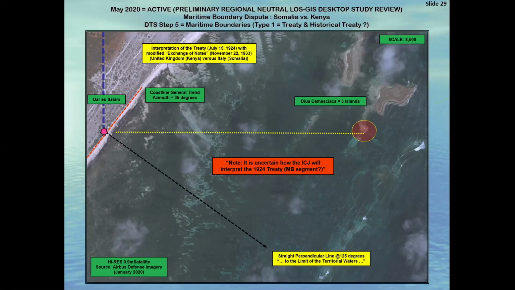Yes, so from the international lawyer, it will be interesting to see how the ICJ will interpret the Italy–Great Britain Treaty of 1924 and the exchange of notes of 1933 that Somalia and Kenya inherited from the colonial powers.